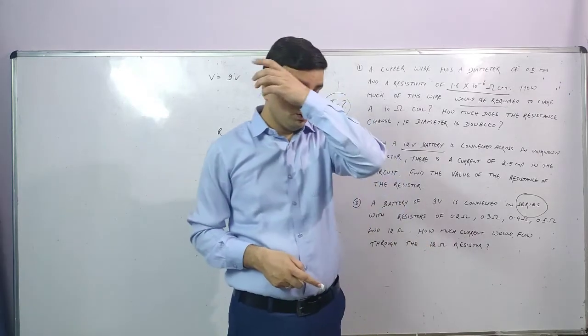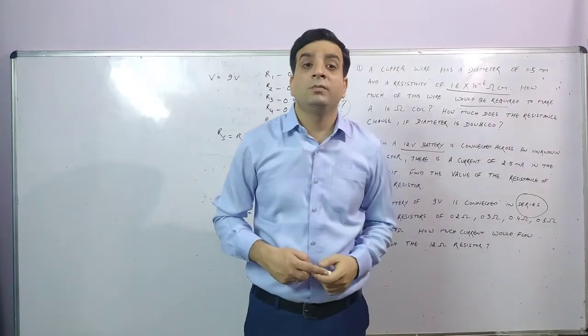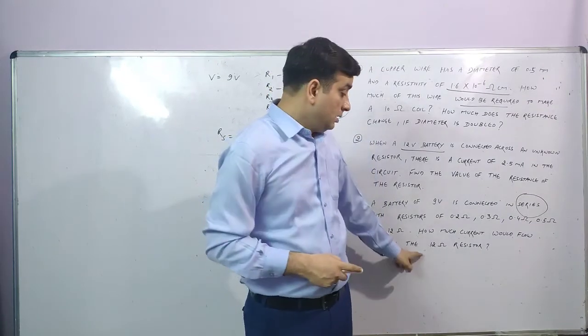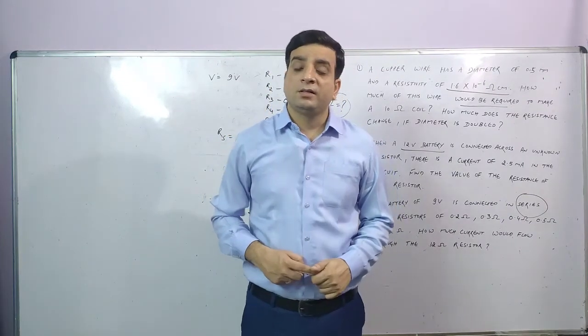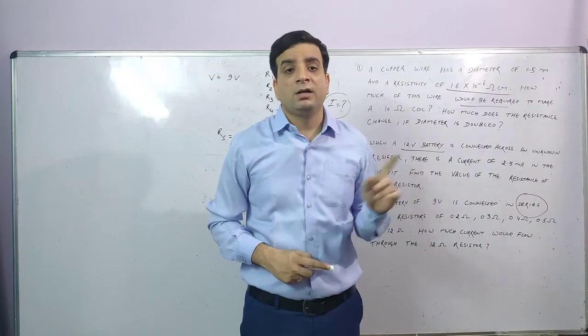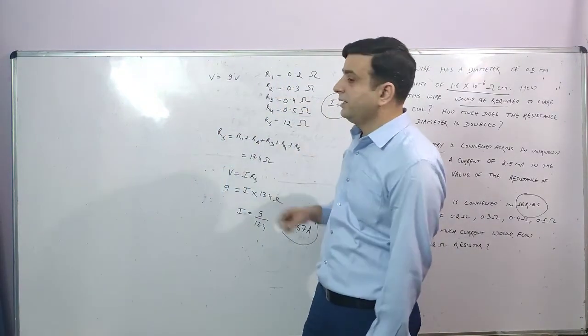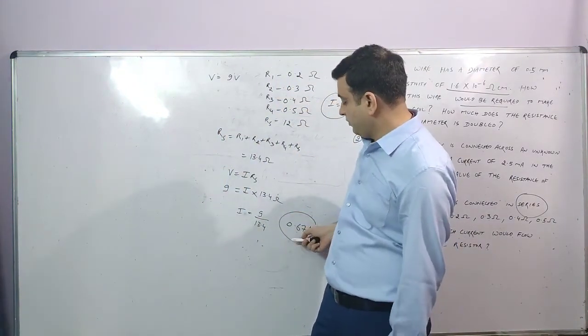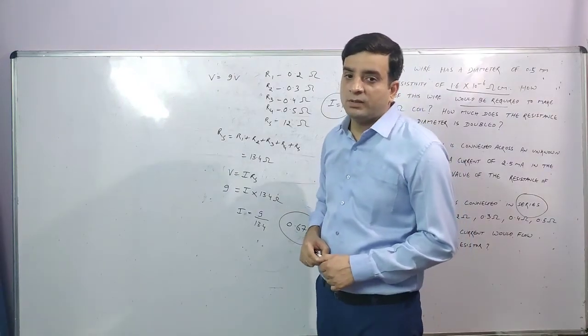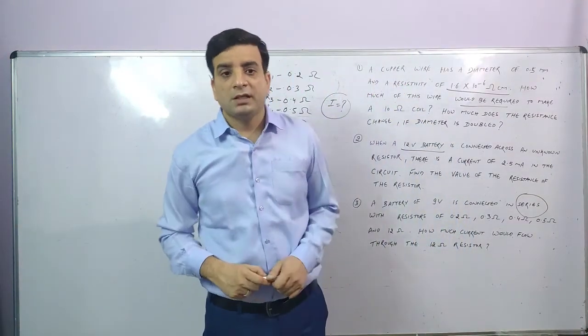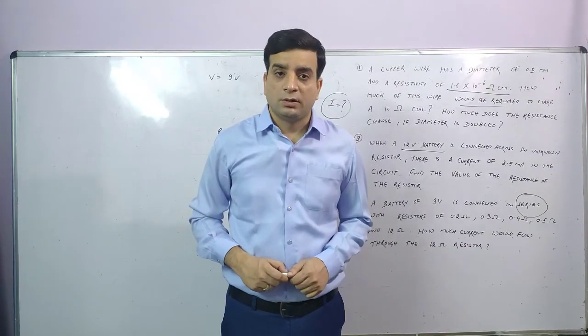So according to the law of combination in series, the value of current will remain same throughout the circuit in all the resistors which are connected in series. So therefore it will be 0.67 ampere. So that's how we can solve this numerical. So thank you students.